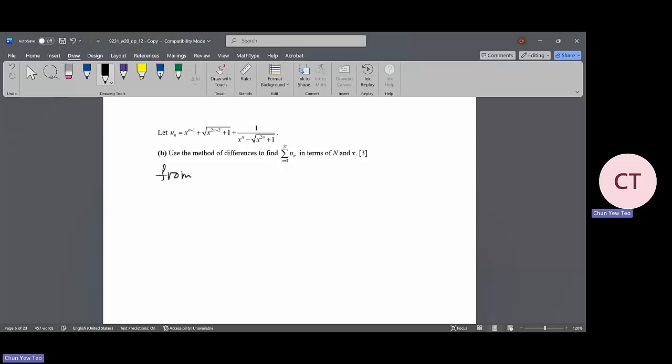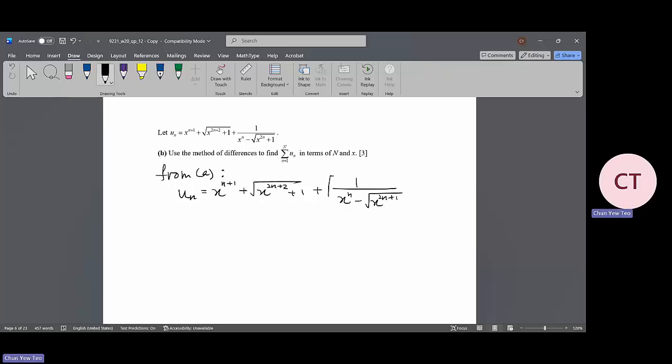So from part A, our Un is x^(n+1) plus the square root of x^(2n+2) plus 1, plus the 1 over the x^n minus this.